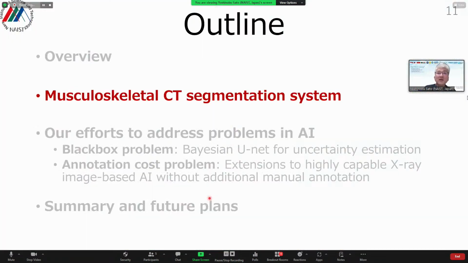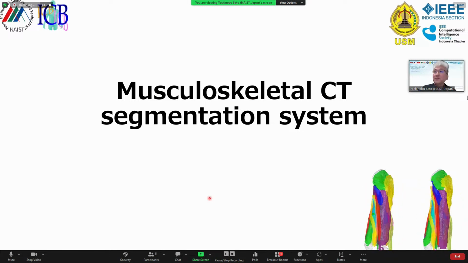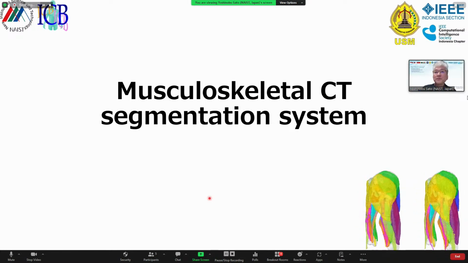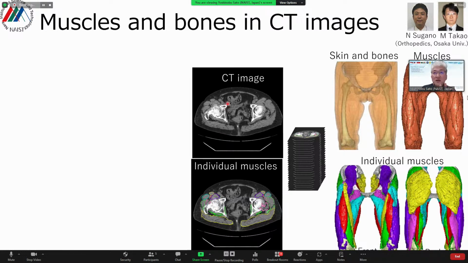So next, I present the musculoskeletal CT segmentation system. This is a CT image, cross-sectional images. I'm afraid you are not very familiar with this kind of image. In this image, there are a lot of muscles.